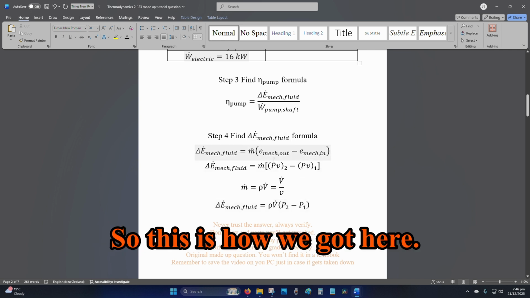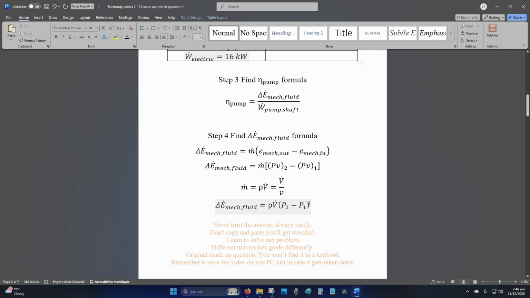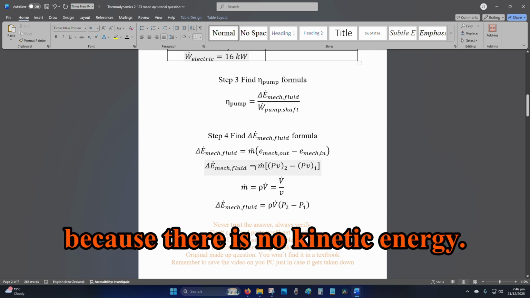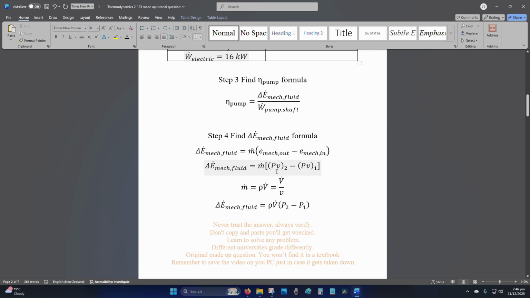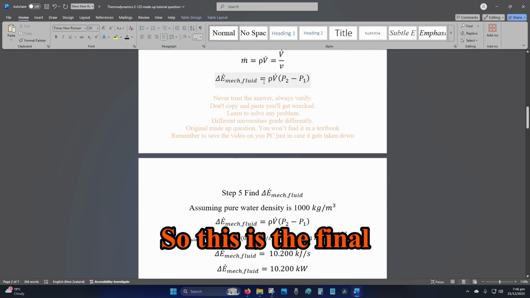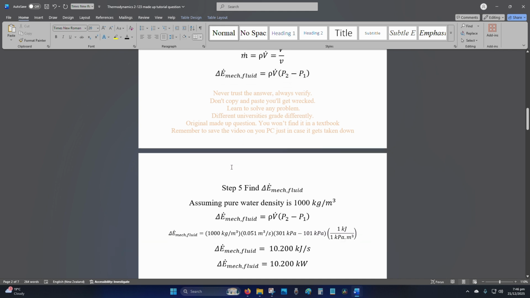So this is how we got here, and we cancelled out the velocities because there is no kinetic energy. Alright, so this is the final formula that we're going to use.